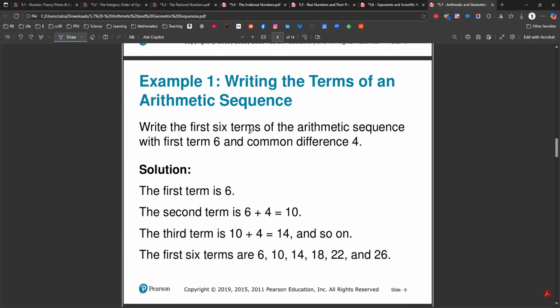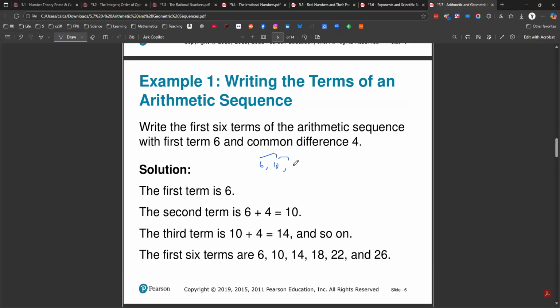All right, so let's look at an example: writing the terms of an arithmetic sequence. All right, the first 6 terms in a sequence whose first term is 6 and has a common difference of 4. So we start with 6. To get to the next one, 6 plus 4 would give me 10.